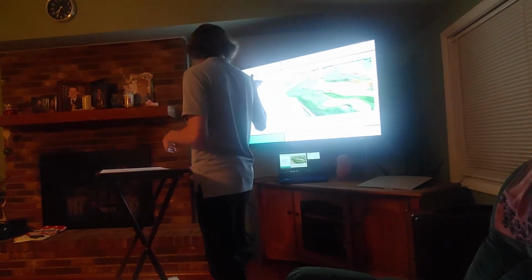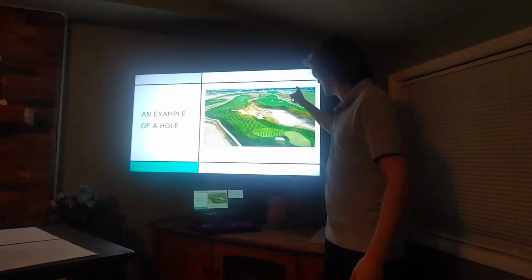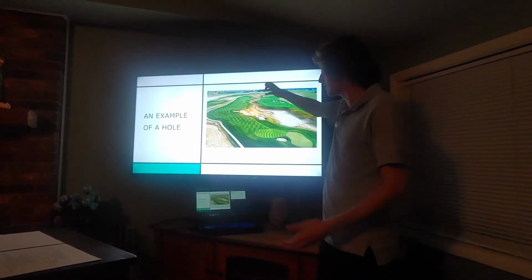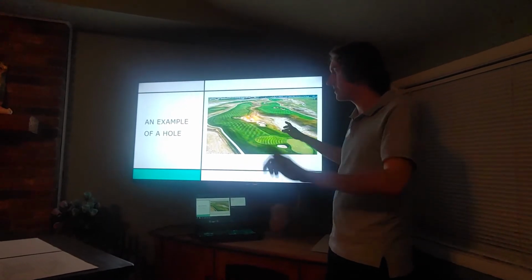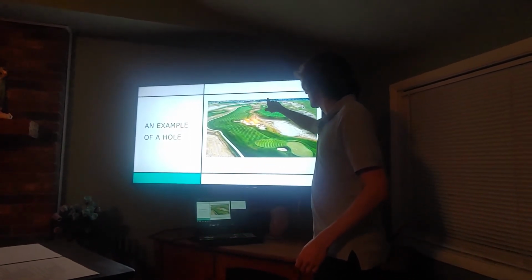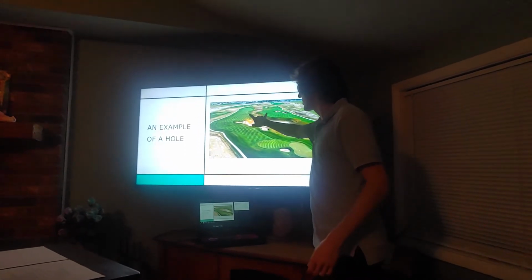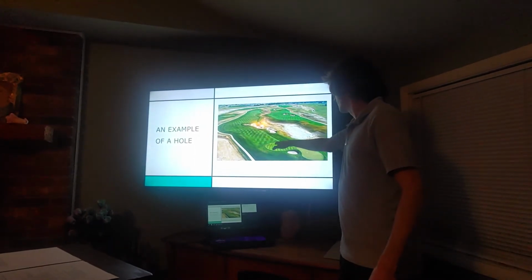Now here is the best example I can find of a hole. I think the tees are all the way back there. That's where you will tee off if this was the first hole. This is a par 5, so we'll dive into what that actually means a little bit later. Now, you start there. There's a couple of paths you can take. There are some fairways here, and all about there, and part of the way there.